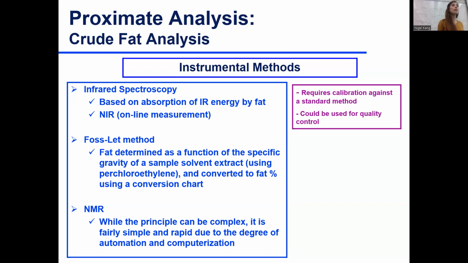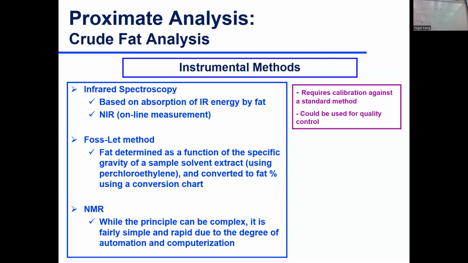Phosphate method is not a common method, and it's based on the specific gravity of your sample, which is extracted by a solvent. There are different charts, based on different oils and fats, that convert specific gravity to fat content.